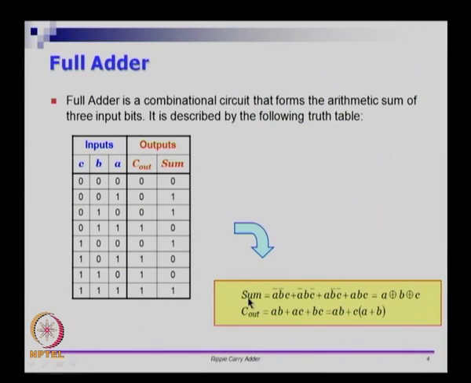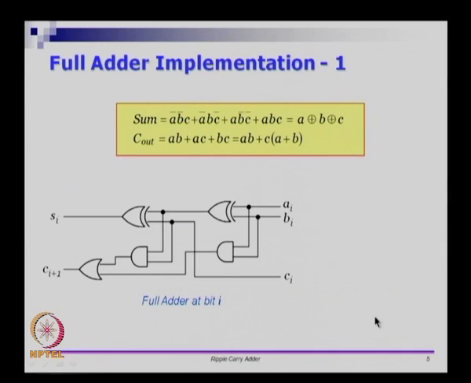You can do a slight simplification here: AB plus AC plus BC is the same as AB plus C times (A plus B). So, one of the implementations of the full adder is directly taking this and implementing it like before.